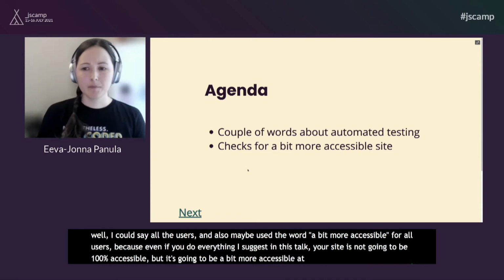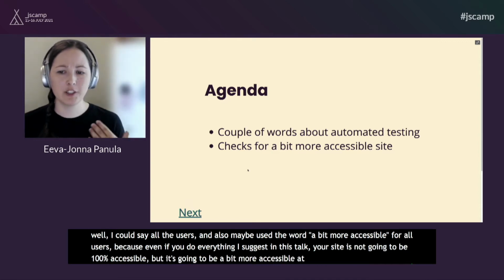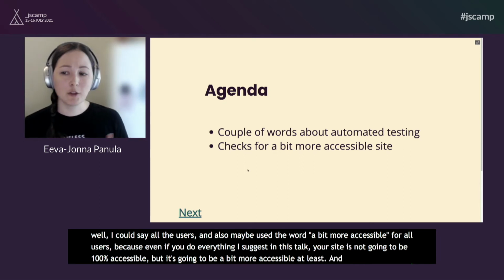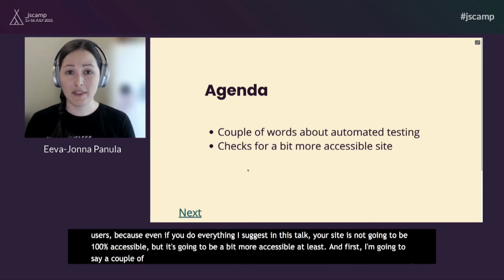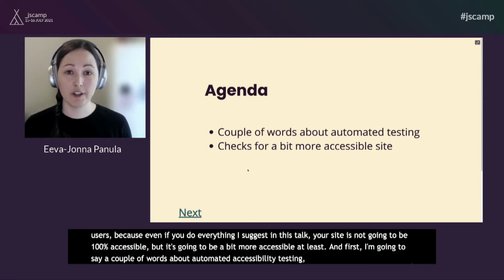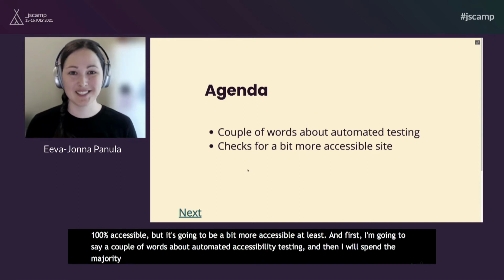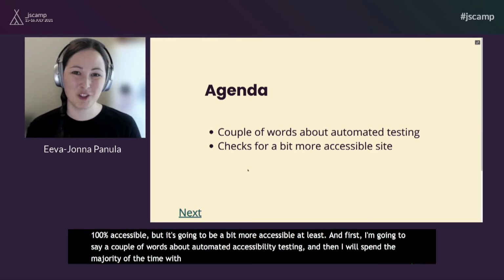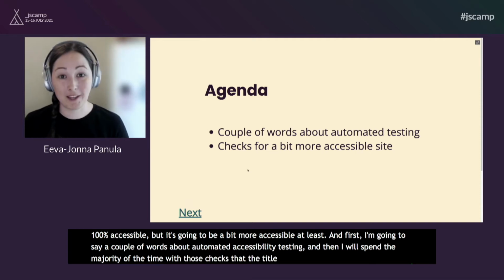First, I'm going to say a couple of words about automated accessibility testing, and then I'll spend the majority of the time on those checks that the title of this talk promises, so manual testing.